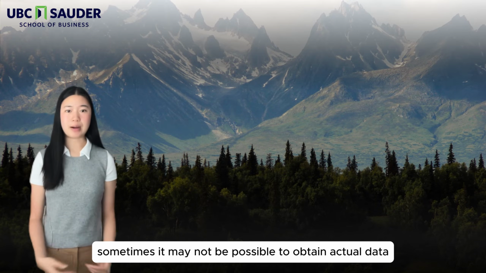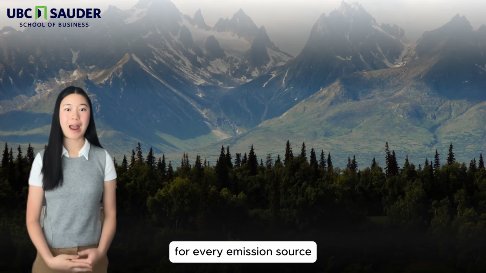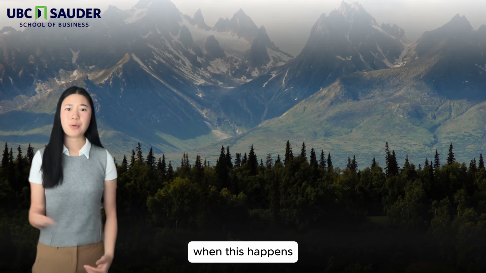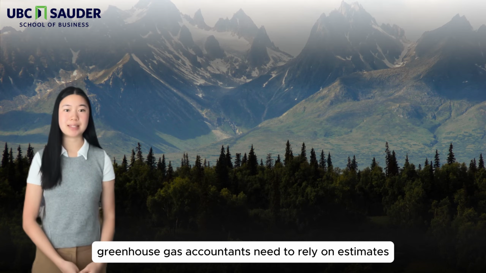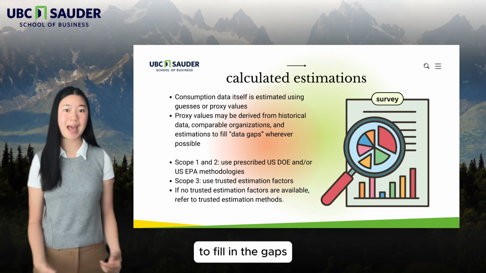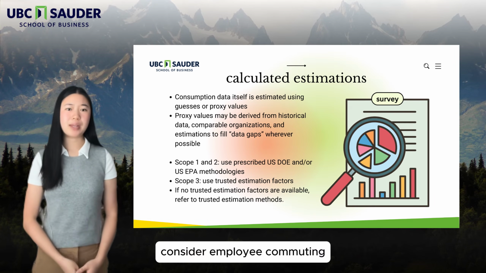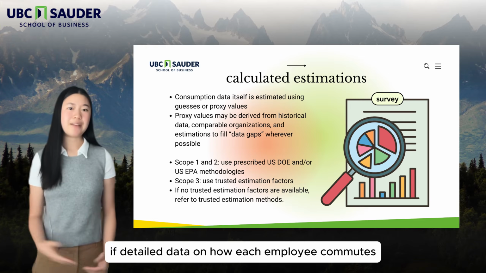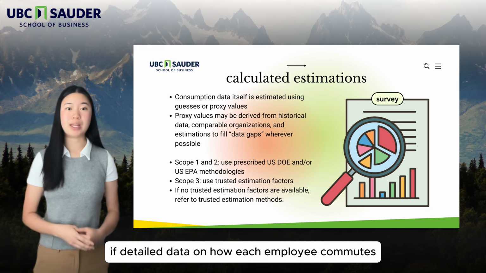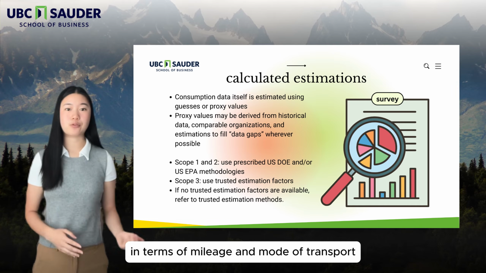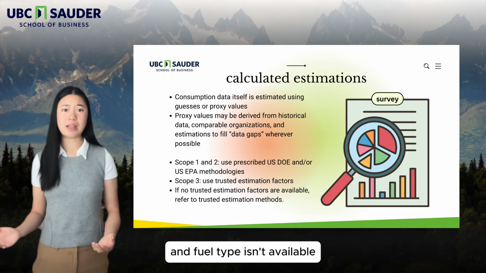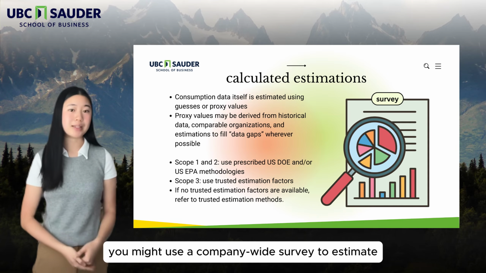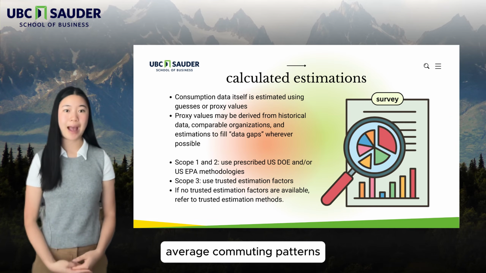Sometimes it may not be possible to obtain actual data for every emission source. When this happens, greenhouse gas accountants need to rely on estimates to fill in the gaps. Consider employee commuting, a common source of Scope 3 emissions. If detailed data on how each employee commutes, in terms of mileage, mode of transport and fuel type, isn't available, you might use a company-wide survey to estimate average commuting patterns.